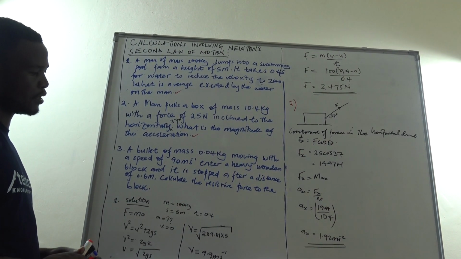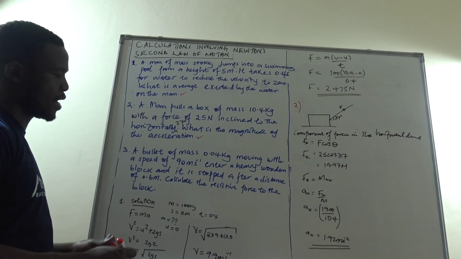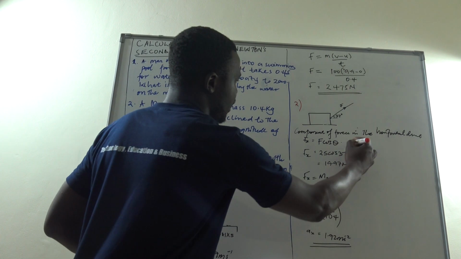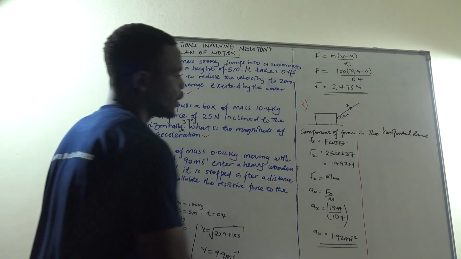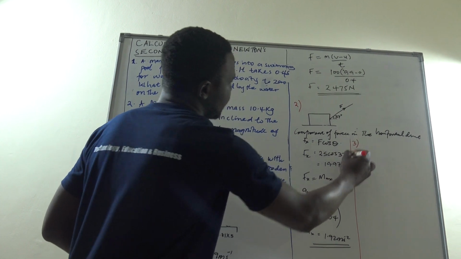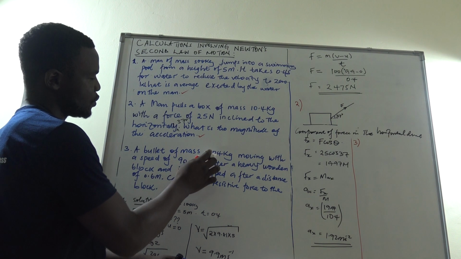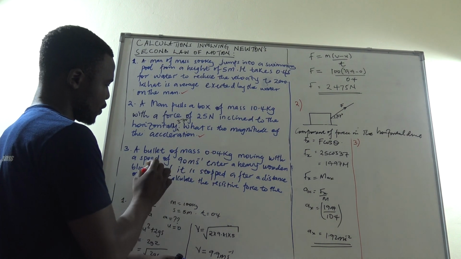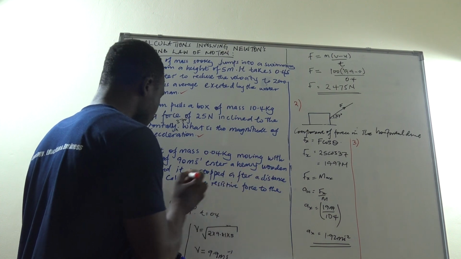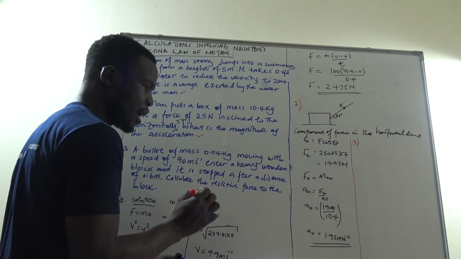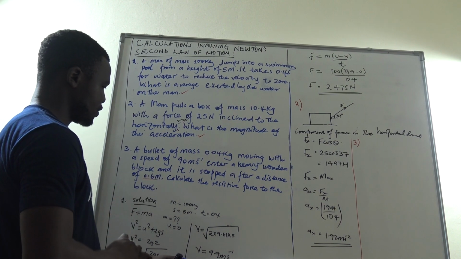So having answered question number 2, let us look at question number 3. Allow me to use this space for answering question 3. Question 3 says a bullet of mass 0.04 kilograms moving with a speed of 90 meters per second enters a heavy wooden block and it is stopped after a distance of 0.6 meters.